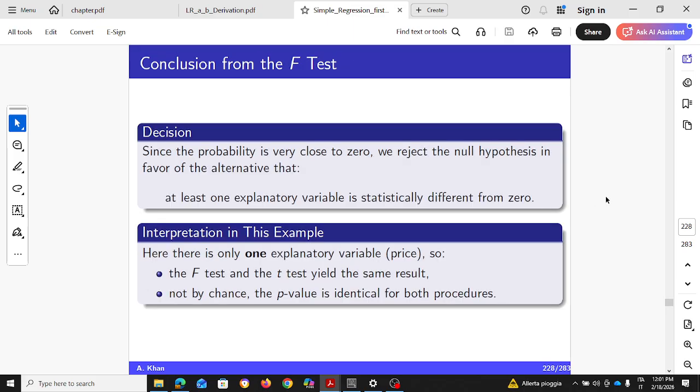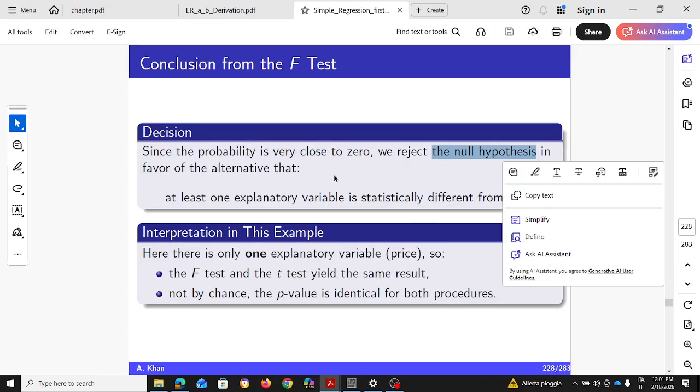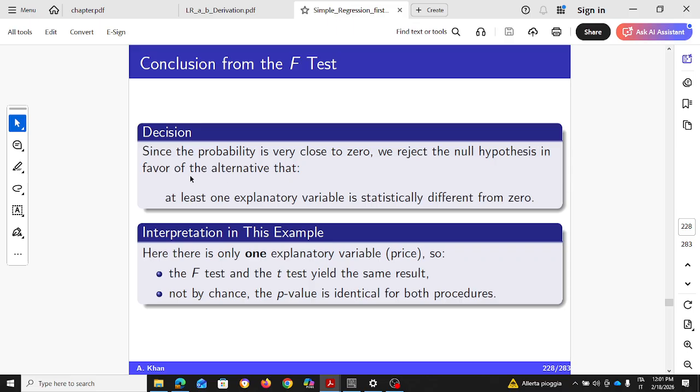So we reject the null hypothesis. The decision here is, since the probability is very close to 0.045, we reject the null hypothesis and we vote for the alternative hypothesis.